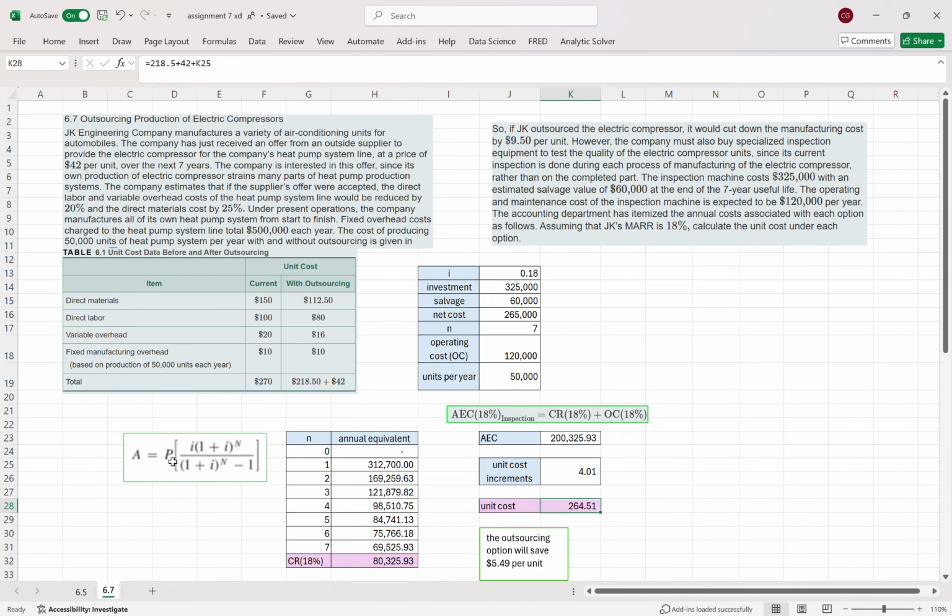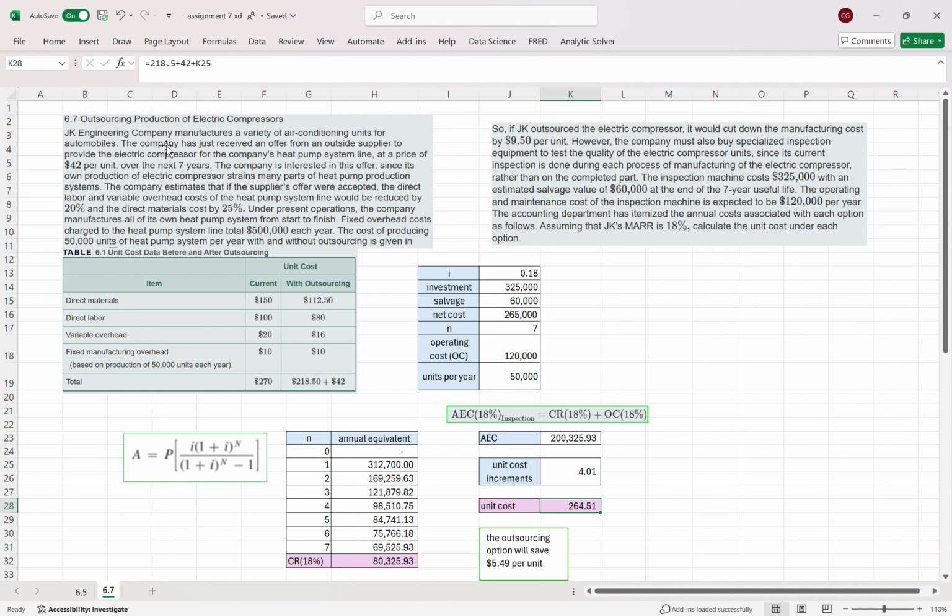Now for the second problem, we are comparing the current supplier against an outsourcing supplier.